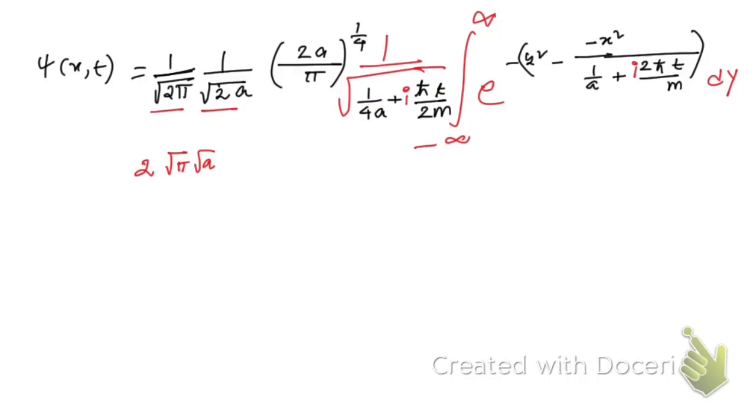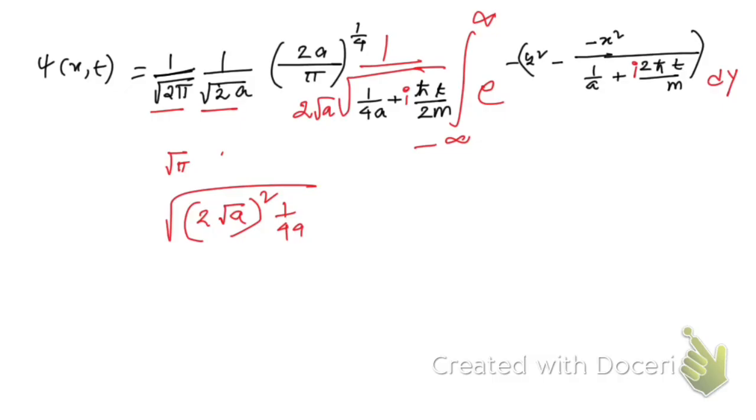And now if we multiply 2 root a with this, then we're gonna have 2 root a under square root, it will be square here, square of this 4a plus 2 root a square i h cut t by twice m. That's what we're gonna have.